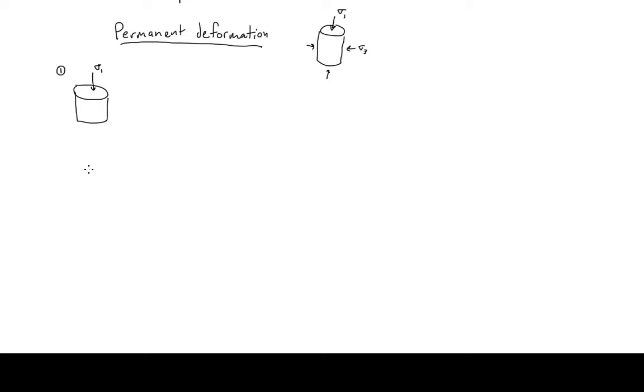So for this first case, which we call brittle deformation, we get fractures, we get cracks. We get both fracture, and if there's motion on a crack that's already there, we have friction.